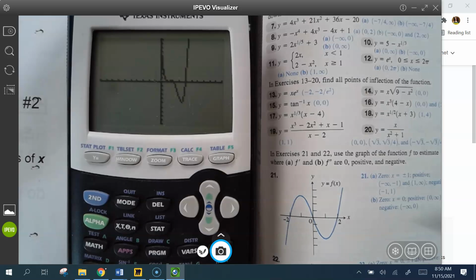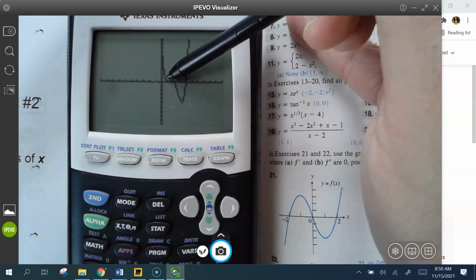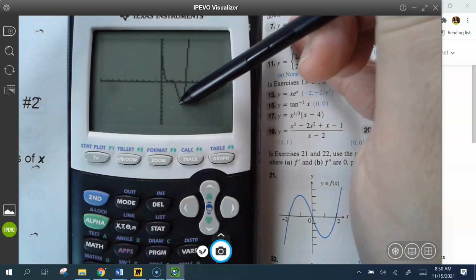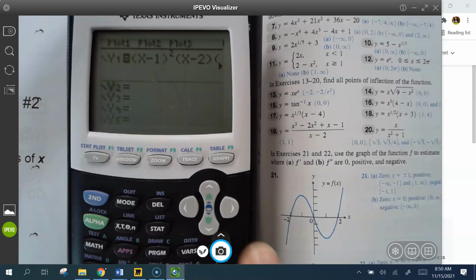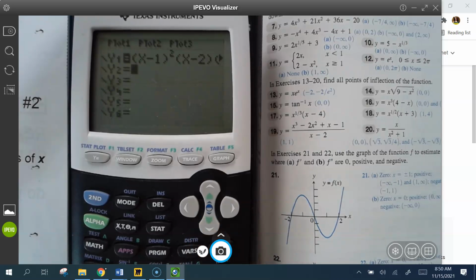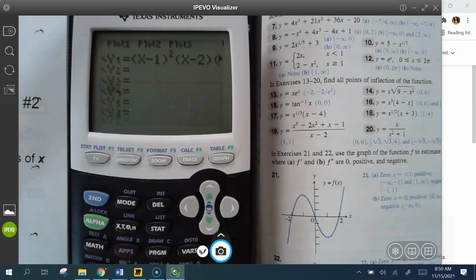I can't quite tell what's going on here. I could zoom in some, but I know here I should have a 0 for the second derivative. What I could do is go to the second y equals, and you can turn this one off if you want to. If you just hover over the equal sign and hit enter, it'll cut that one off, so it's not actually graphing it. Do y'all know how to do all this? No? Okay.